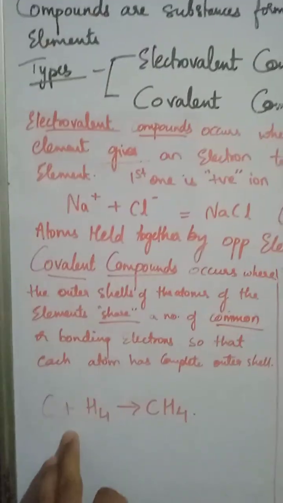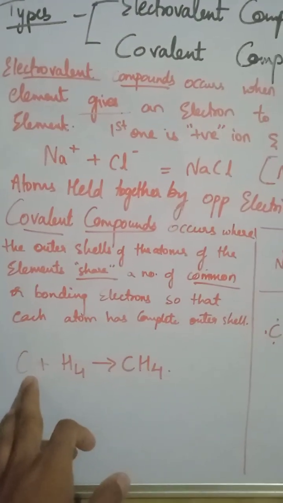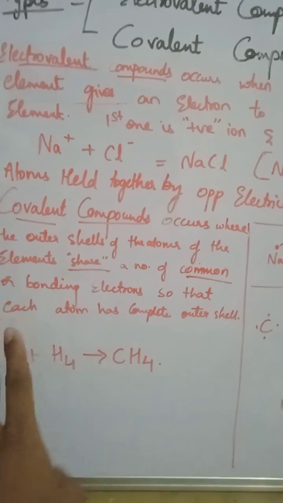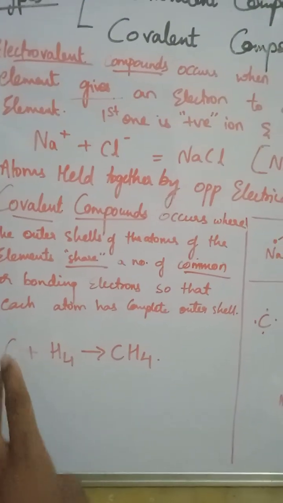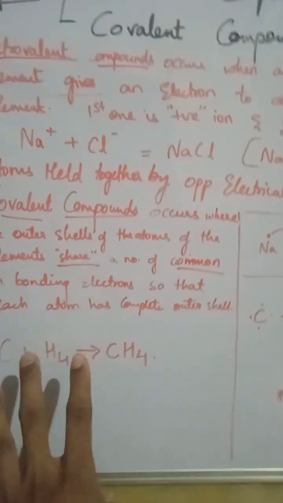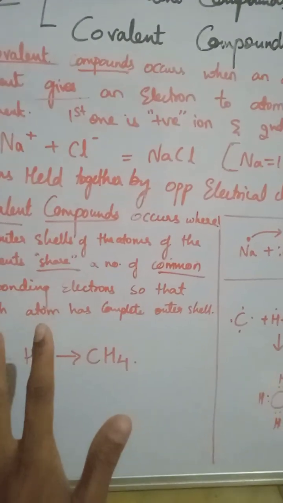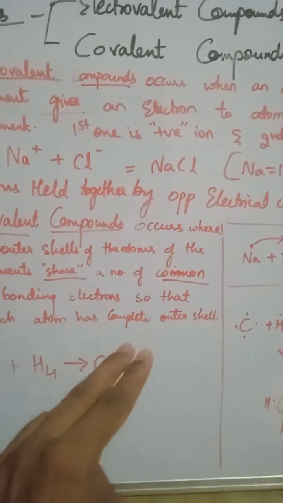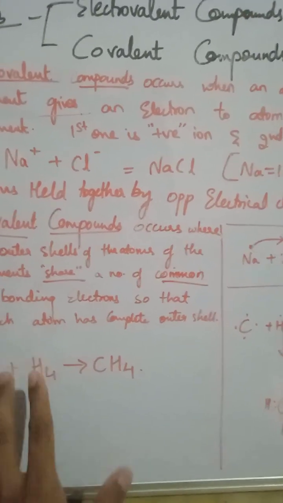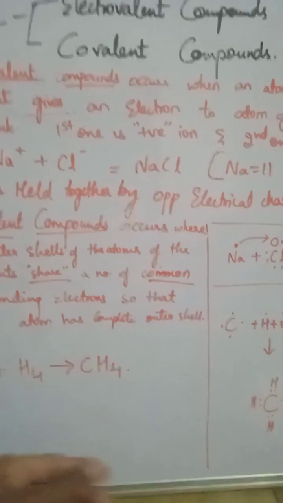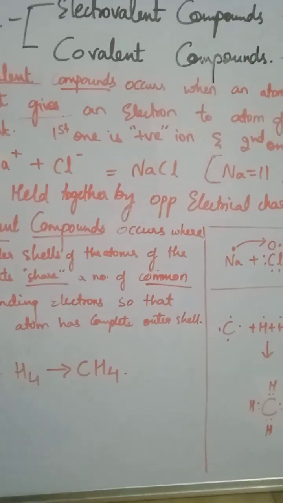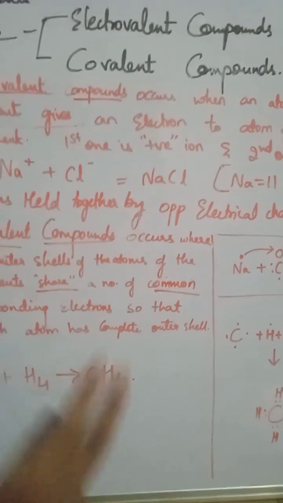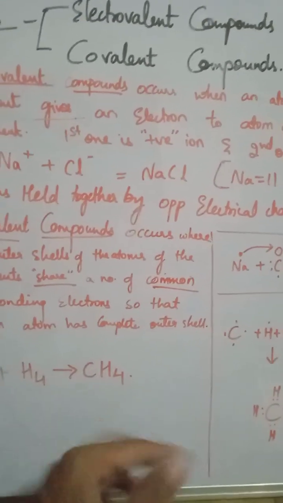So here methane is an example, where carbon is an atom with 6 electrons, of which 4 are valence electrons. So these 4 electrons need 4 more electrons to get stability. Hydrogen's atomic number is 1. So if I give one more electron to hydrogen, it will also become stable, as I said a few minutes ago, that a few atoms, if they have 2 electrons in the outermost shell, become stable.